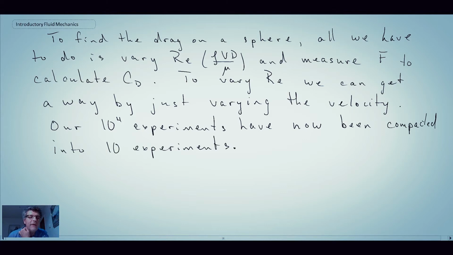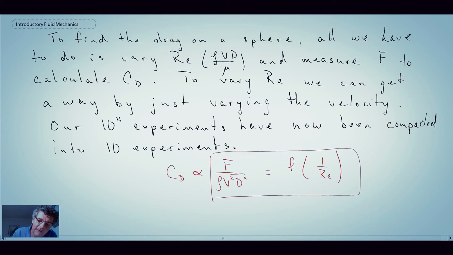So what we have here is that by going through Buckingham pi, we've been able to show that CD, our drag coefficient, which we had as being proportional or related to force, rho v squared over d squared, or some area, was a function of 1 over Reynolds number. And so this is the functional relationship that we're after.